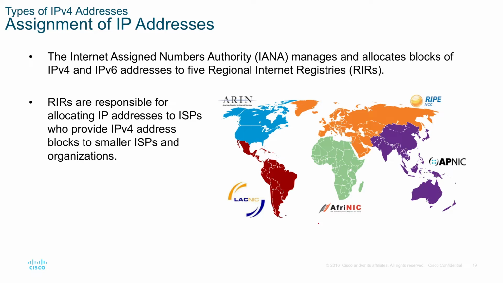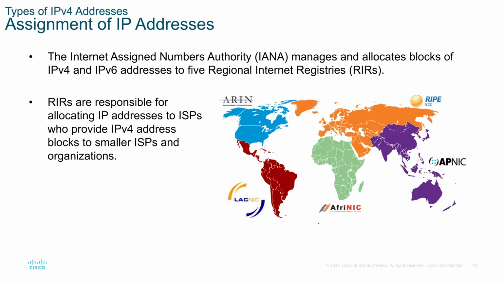Addresses are assigned first by the Internet Assigned Numbers Authority, IANA. They manage addresses worldwide. A company wishing to get an address assigned to them would contact their local authority.